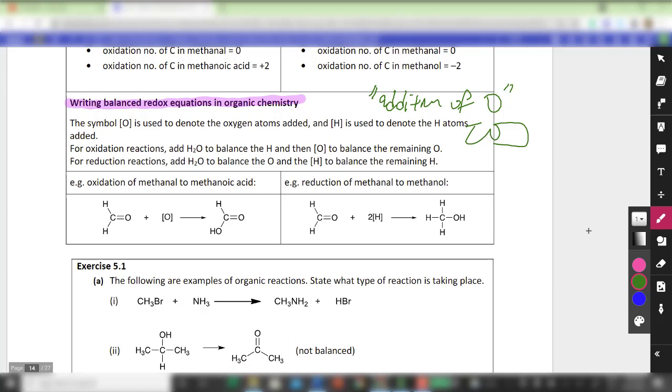Let's say, can you write me a balanced equation between methanol and an oxidizing agent such as potassium dichromate, then I will need to see whether you know how to write the correct balancing. But in most cases, a bracket O and bracket H is good enough.